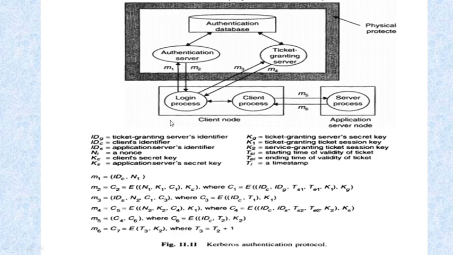Next, coming to the client component, the second component of the Kerberos system is a client process. It runs on workstations and public places where consoles are available, meaning where systems or monitors are available. In those cases, it will ask for authentication.